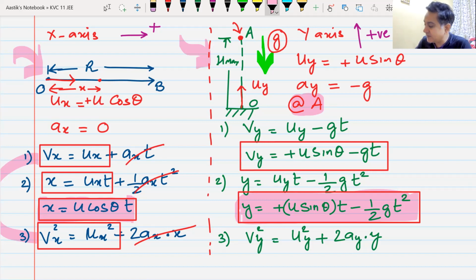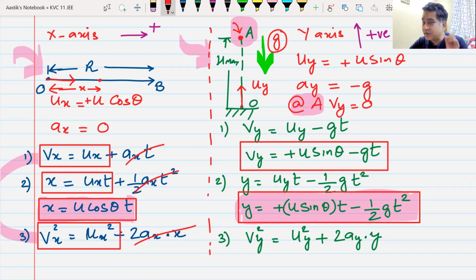What happens at point A? The time has run out, and the answer is Vy component becomes 0.